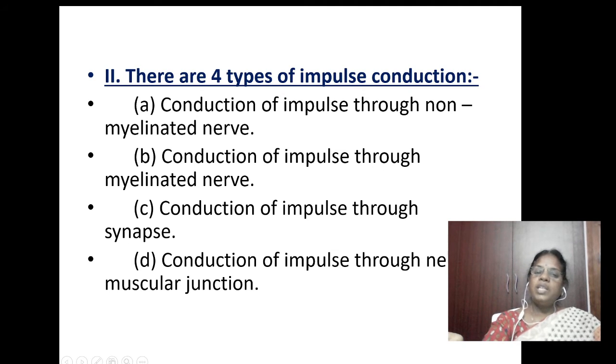In between these two neurons, the junction is called the synapse. And the conduction of impulse through the neuromuscular junction. That means all our nerves end in different kinds of muscles, so the nerve sends the impulse to the muscle through the neuromuscular junction.